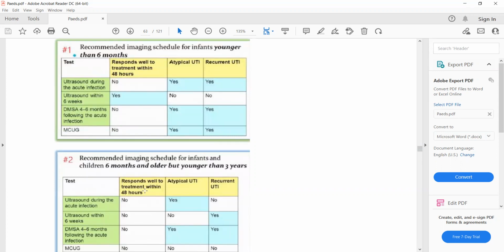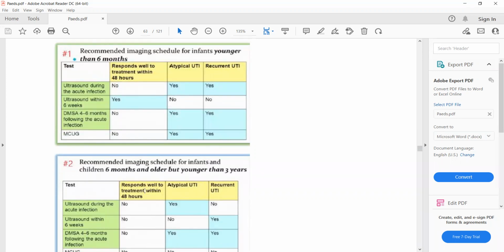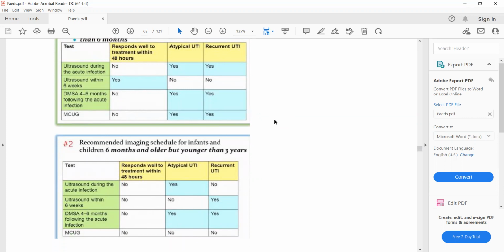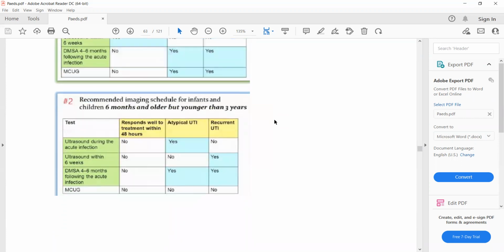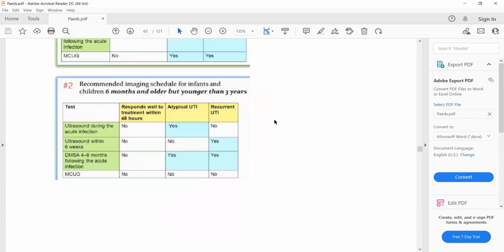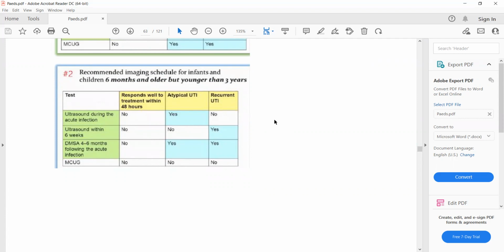Now, atypical and recurrent UTIs in children who are younger than 6 months: immediate ultrasound, a DMSA scan, and MCUG, all three will be done. And in children who are 6 months and older and 3 years and older, no MCUG will be done. We only do two investigations, that is ultrasound and DMSA scan.